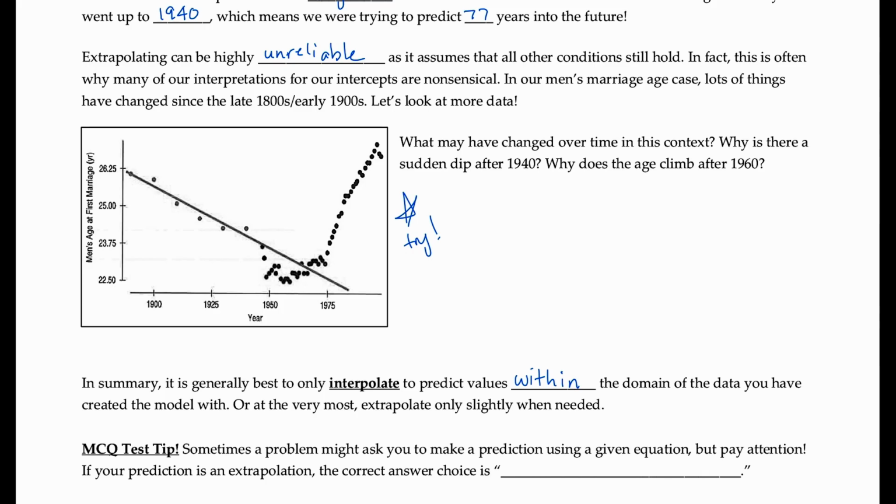But if you notice that, oh, x equals 17, that's way outside my data range. I don't have any x values that are 17 and nowhere even close to that. All my data is from 40 to 100. You're extrapolating, and you should look for the answer choice that says something like, not enough information. Because it's true.